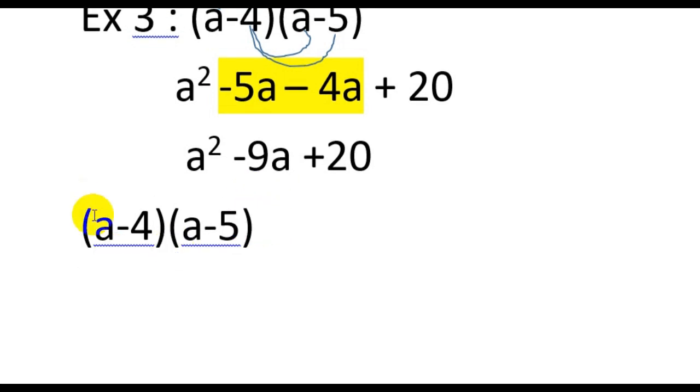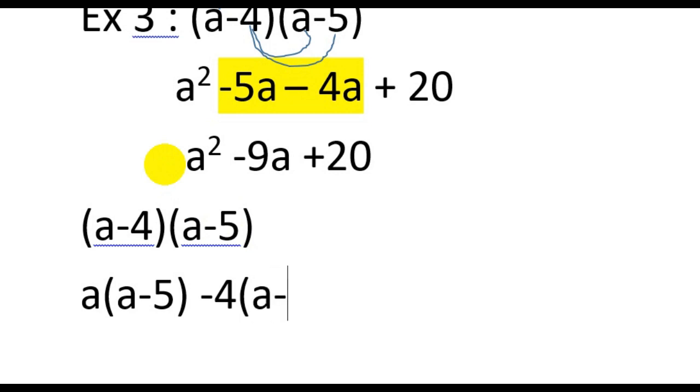So as I said, you multiply a with each term. So you can write a, you are going to multiply by a minus 5. That is one section. Again, minus 4 we are going to multiply by a minus 5, or in other words, minus 4 you multiply with each term. So minus 4 you multiply by a minus 5.